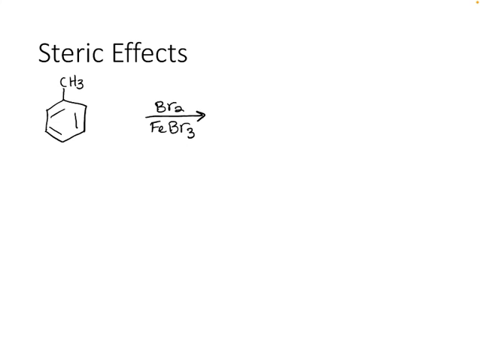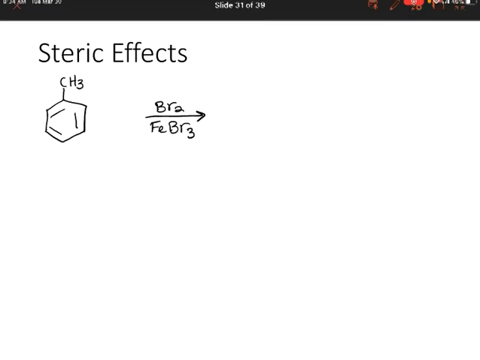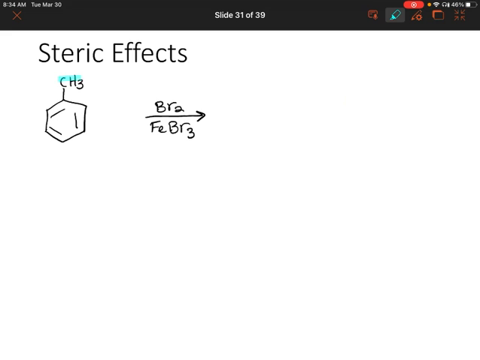We already said that the methyl group is an ortho-para director. So our bromine could end up in either the ortho or the para positions. Let's draw those two products.